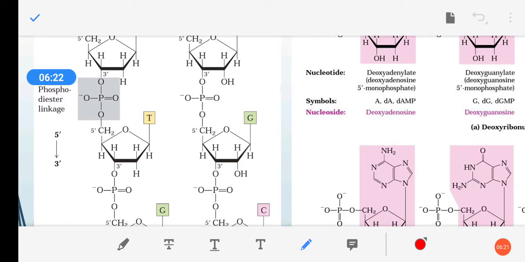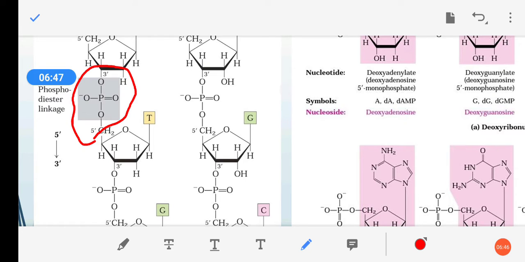Here you can see the phosphodiester linkage. The 5' phosphate group of one nucleotide, that is here, is linked to the 3' hydroxyl group of the other nucleotide. So this is the phosphodiester linkage.